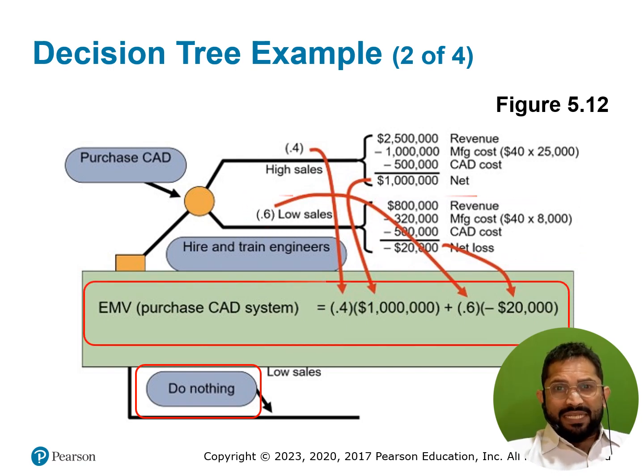The expected monetary value EMV for the decision to purchase the CAD is calculated by multiplying the probability of each outcome by the monetary outcome of that event and then adding them together.